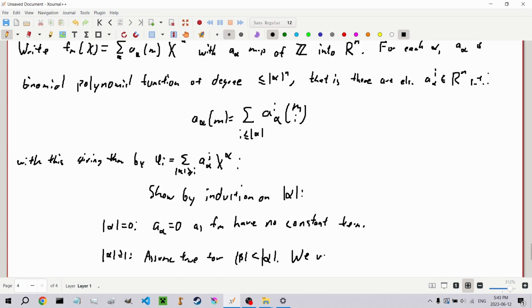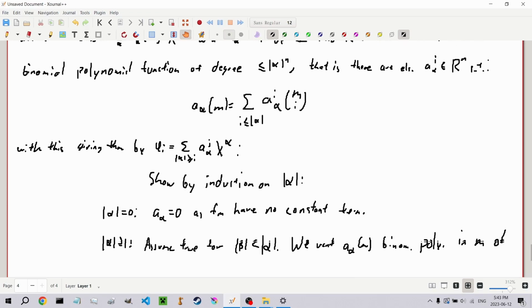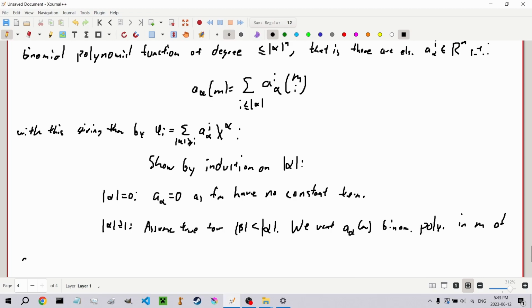We want to show that a_alpha^m is a binomial polynomial in m of degree at most the size of alpha.